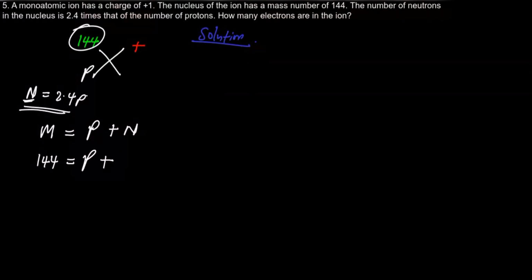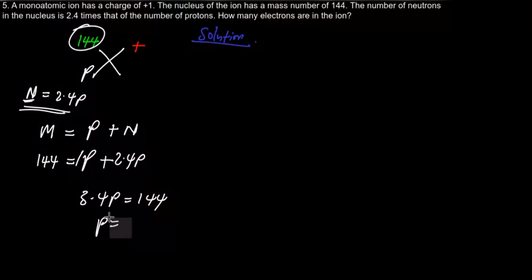We're told the number of neutrons is 2.4 times the number of protons. So 1p plus 2.4p will give me 3.4p equal 144. So to get my number of protons, I'll say 144 divided by 3.4, and that will give me 42 point something.